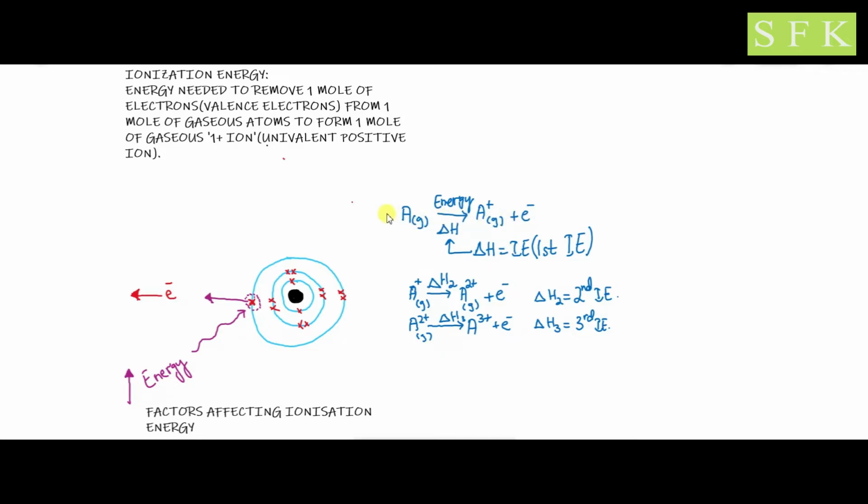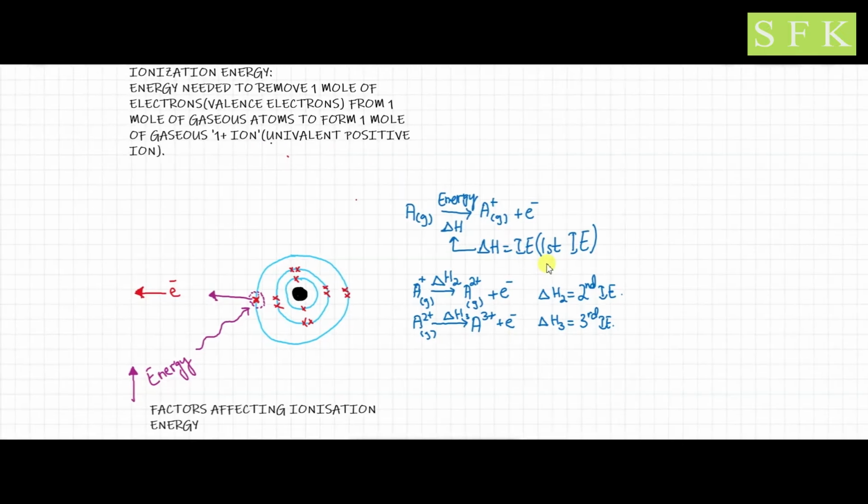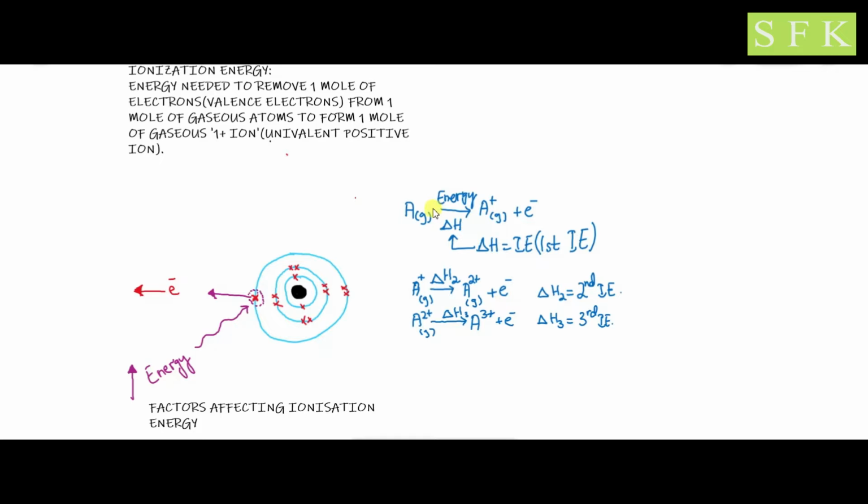In this equation, the enthalpy change is actually the ionization energy. It's more specifically known as the first ionization energy because 1+ ions are formed.